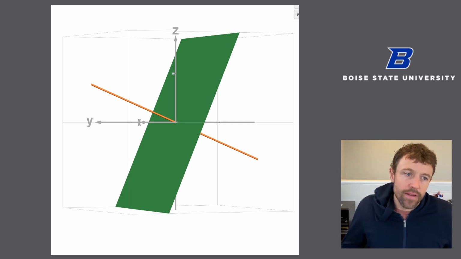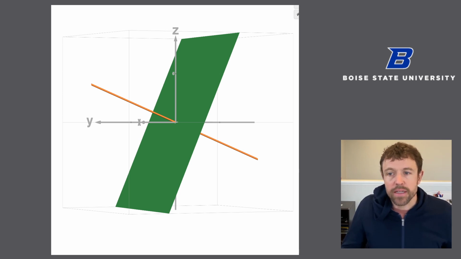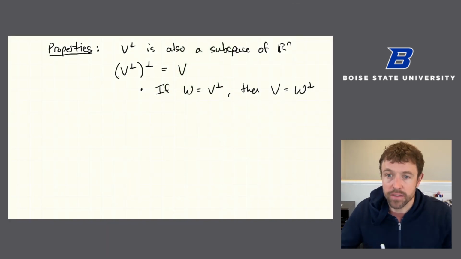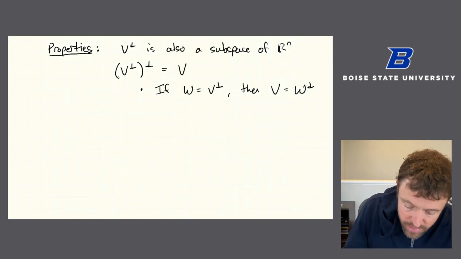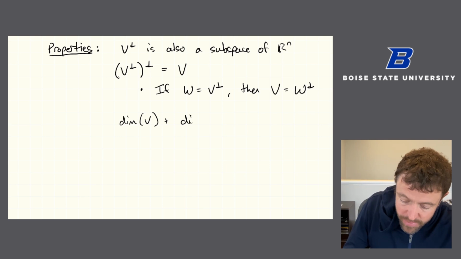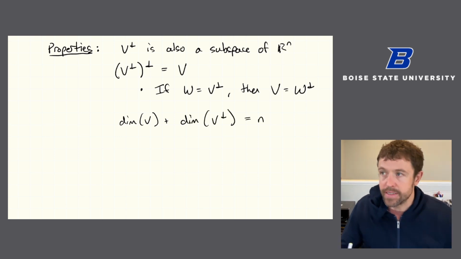There aren't that many options in R3 because 3 is small, but generally speaking, the dimension of your original space and of your orthogonal complement always add up to the total dimension of the space. So dimension of V plus dimension of V perp is n, the total size of the space.